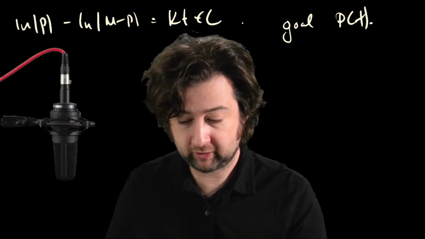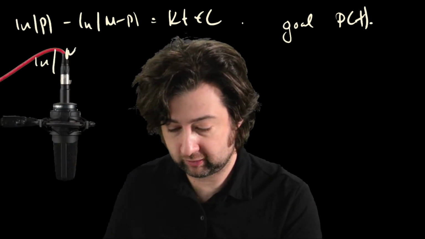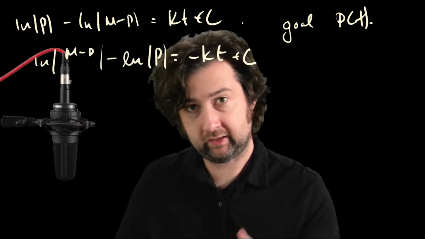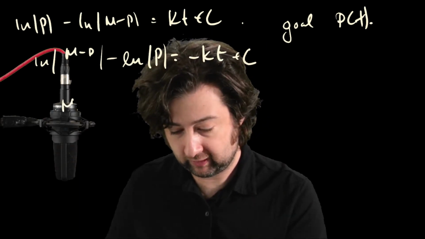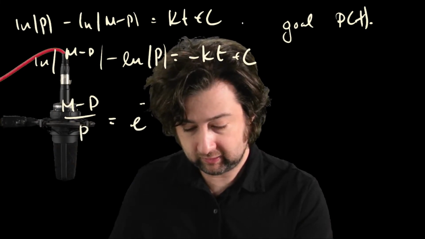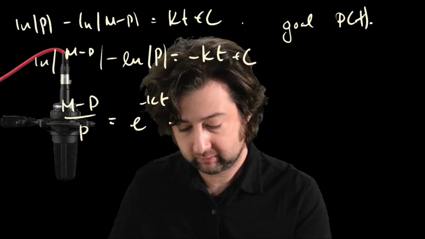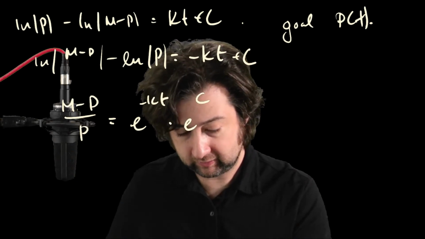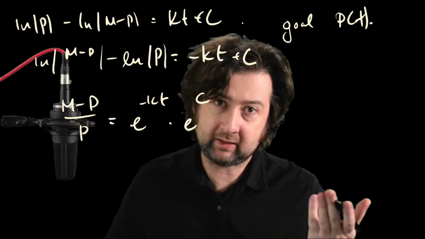So one sort of standard convention here is to multiply through by -1, so that you end up with the natural log of (M minus P) minus the natural log of P is equal to minus kt plus c. And then when you do that, you end up with (M minus P) over P is equal to e to the minus kt times e to the c. So we can think of that as being A, right?